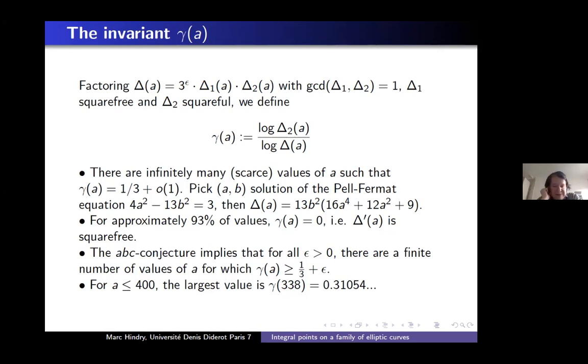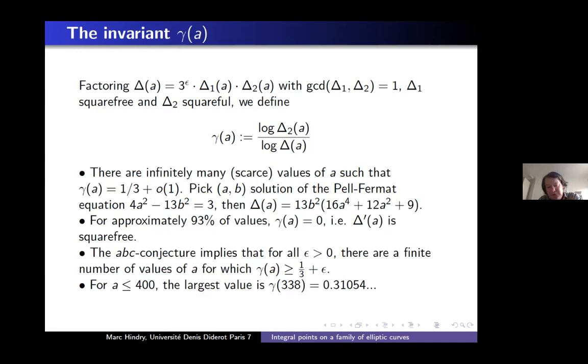So to have a better grasp, how large can it be? Well, it's not difficult to show that you can get gammas that are almost 1/3. I give the solution. I mean, you pick up a Pell-Fermat equation like 4a squared minus 13b squared equals 3.